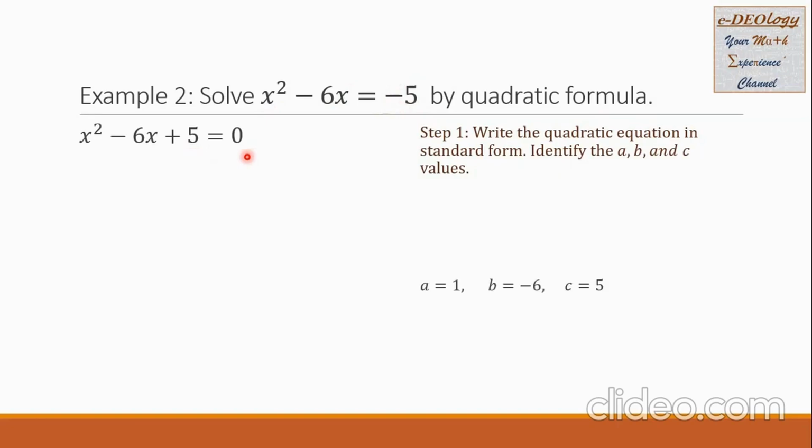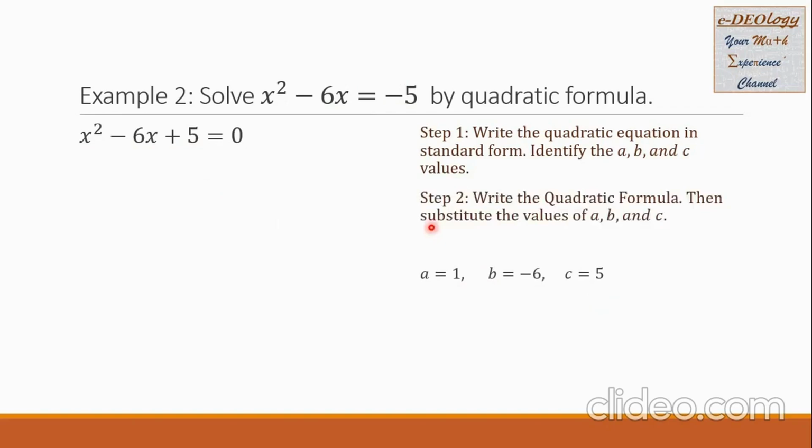Then we will identify the a, b, and c. For our a, the coefficient of x squared is 1. The b, the coefficient of x is -6. And the c is the constant. Step 2, we go now to our quadratic formula. Then we will substitute the values of a, b, and c.